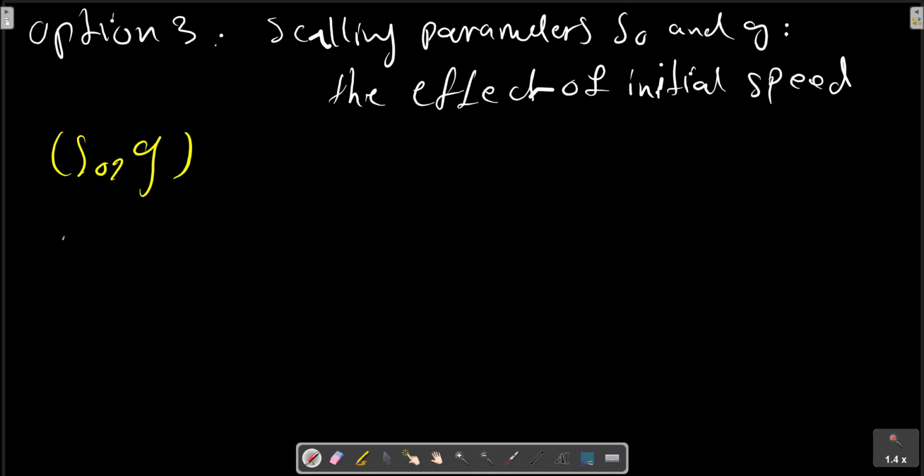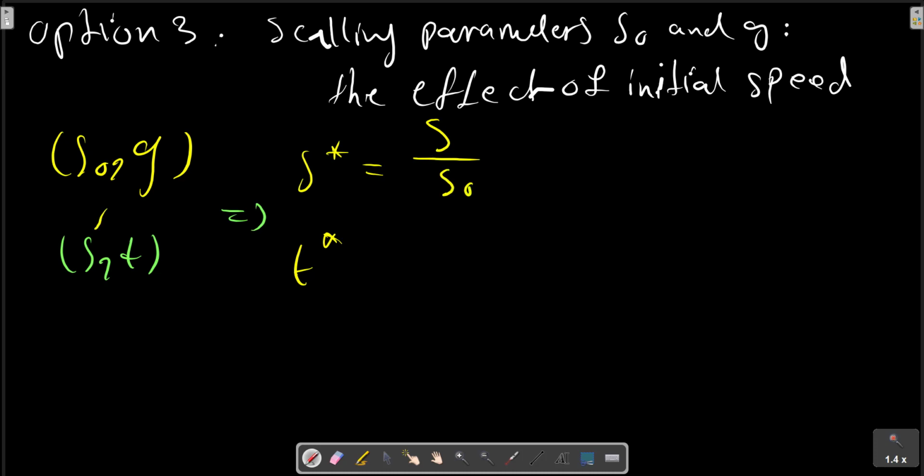So our variables were S and T. We should calculate the relation for S star and T star. In this case, S star can be, we should write an expression for the non-dimensional variable S on S0, and for T we are going to non-dimensionalize T as a function of T multiplied.